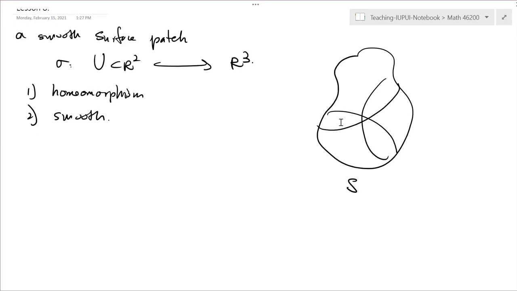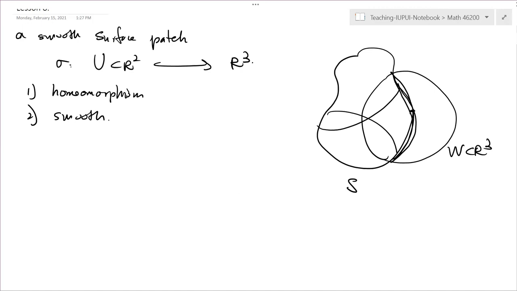So S is a surface means at every point you can find a neighborhood W in R3, so that this intersection part is going to be an image of a small surface patch.